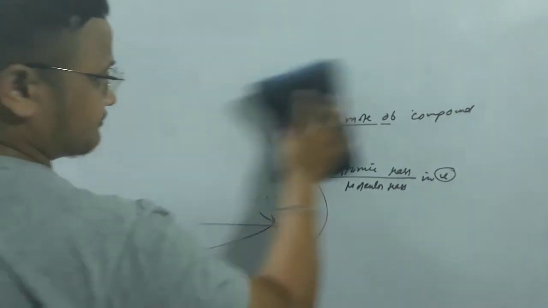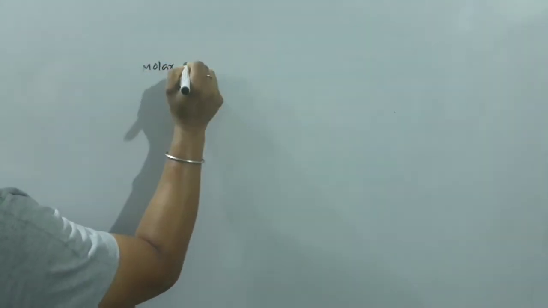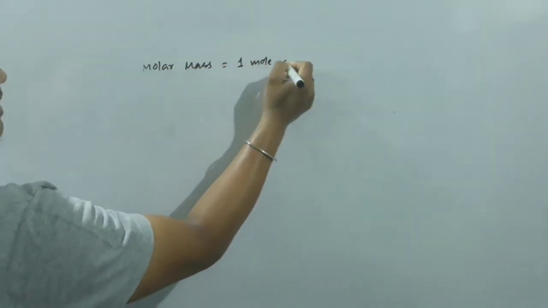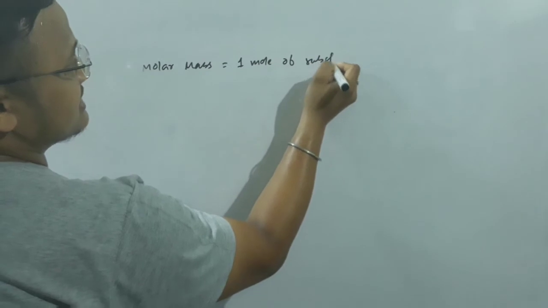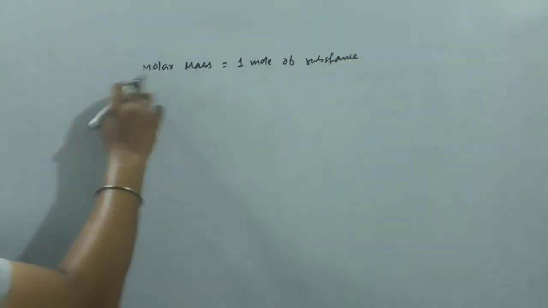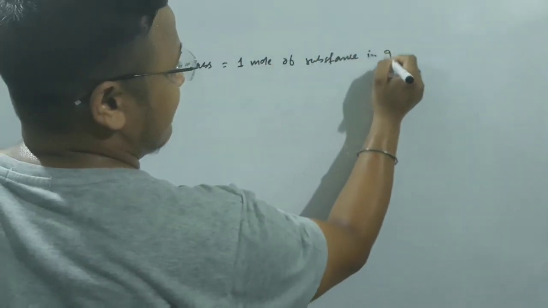Now suppose, from this particular formula, we are saying molar mass equals the mass of 1 mole of substance in gram, right?